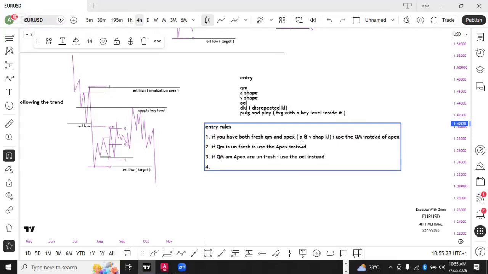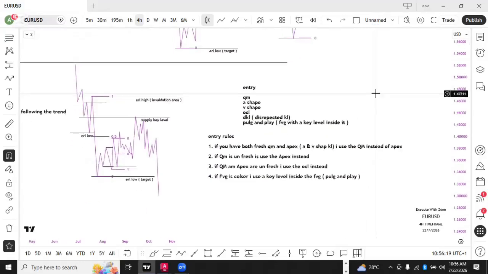Four is, if FEG is closer, I use a key level inside the FEG known as plug and play. So these are the rules I use for my entry. Just these four rules I use for my entry.